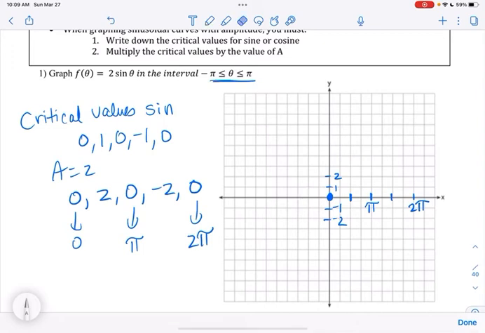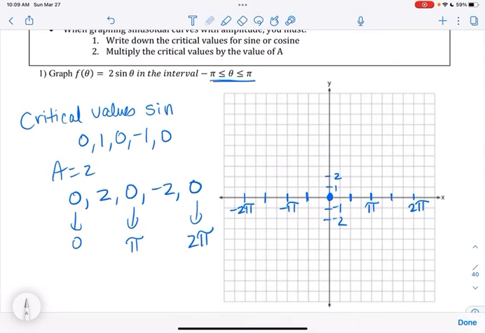So going in the opposite direction, oops. So this is pi over 2, this is going to be -pi, and this will be -2 pi. Okay, so then I just have all the ones in between, but I'll just be labeling 0, pi, 2 pi. But in between I have pi over 2 and I have 3 pi over 2.